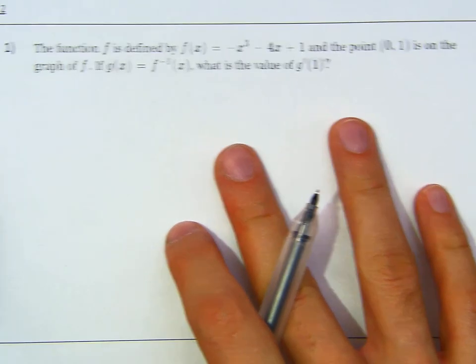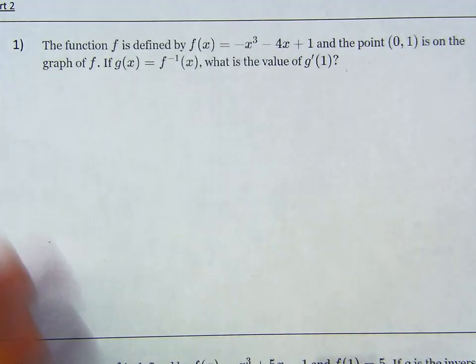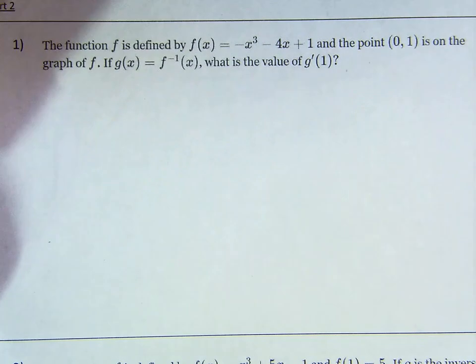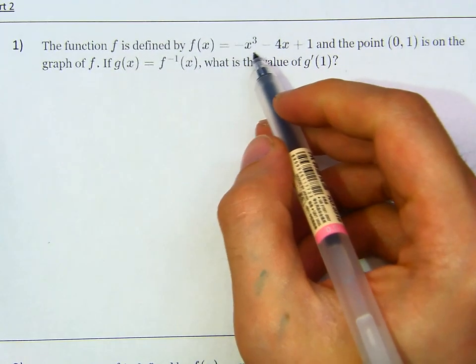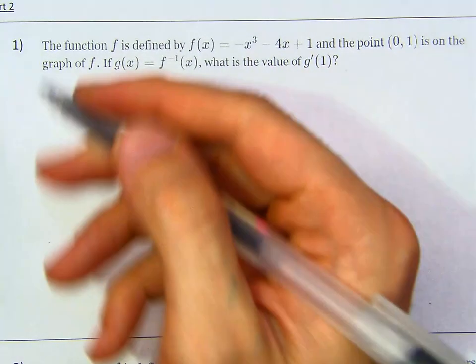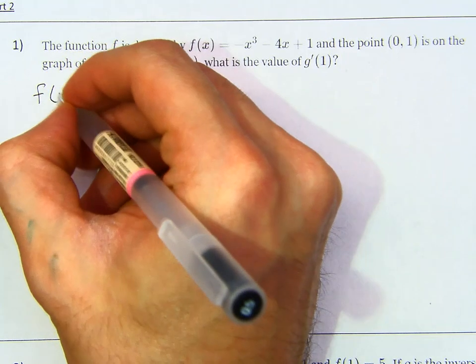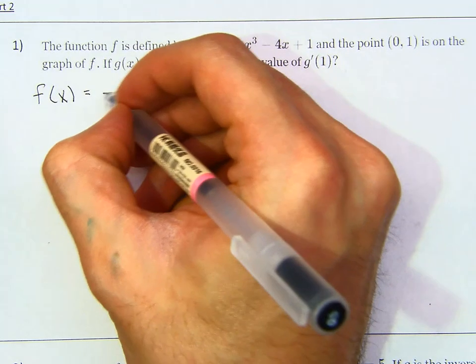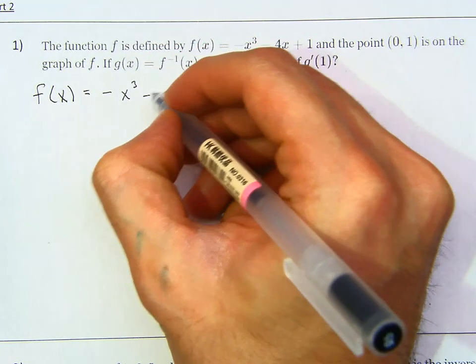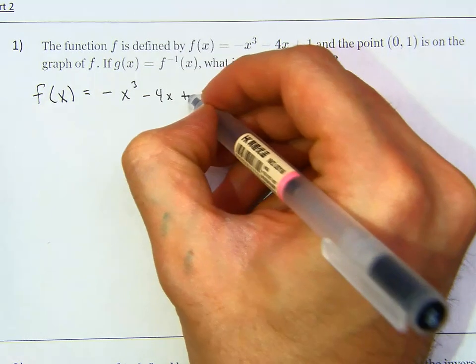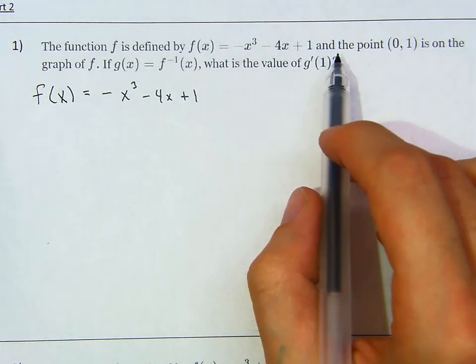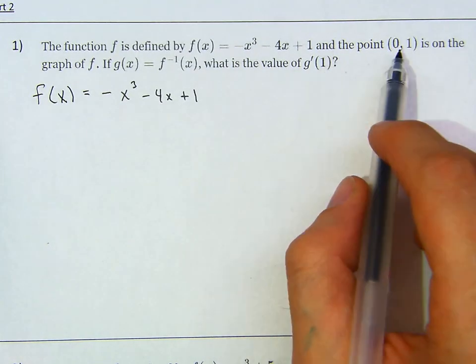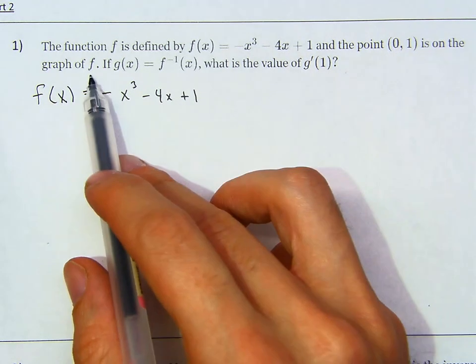It's saying the function f is defined by f of x equals negative x cubed minus 4x plus 1. So the first thing I'm going to do is write f of x is equal to negative x cubed minus 4x plus 1. Next, you know the point (0, 1) is on the graph of f.